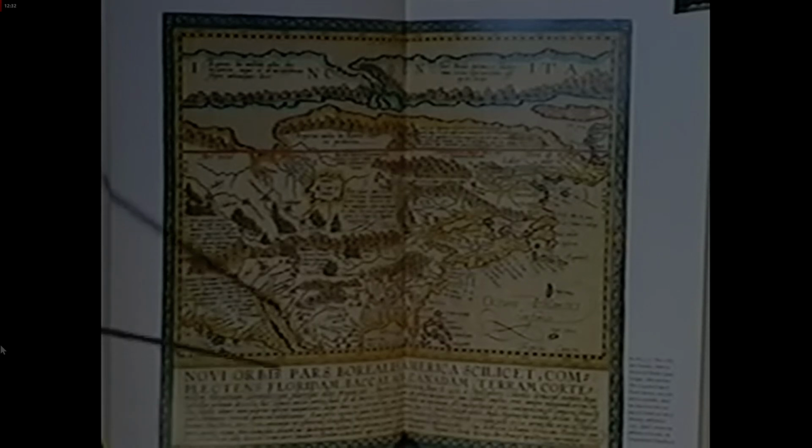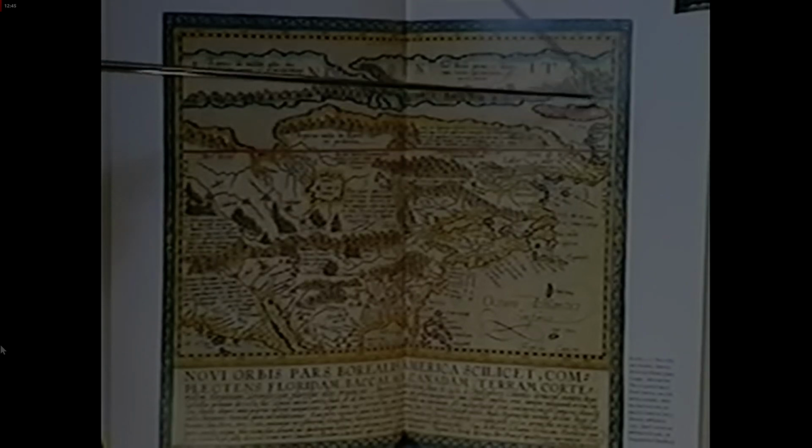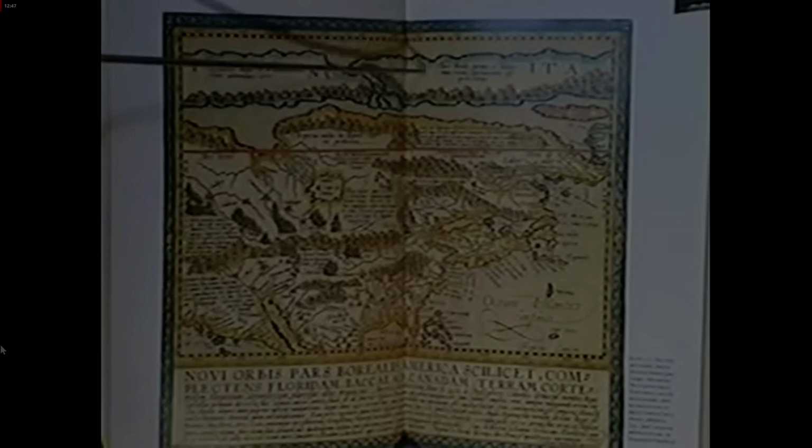This map was crafted by Matthias Quadus in the year 1600. This was the year that Matthias Quadus was banned by the church. And in the northern region here, you can see two huge bodies of land here and here, and a region of water coming down right along in here, as if it were a river.